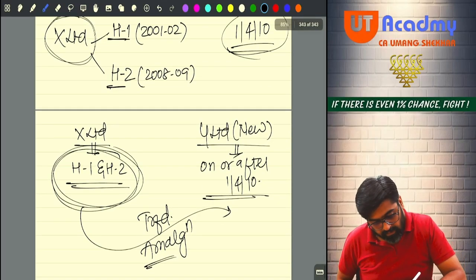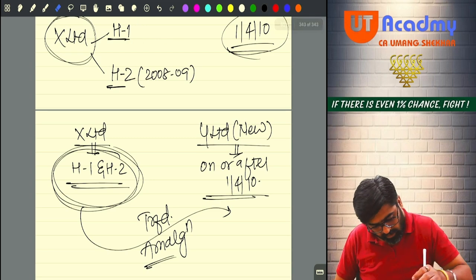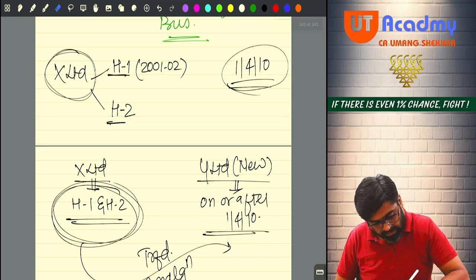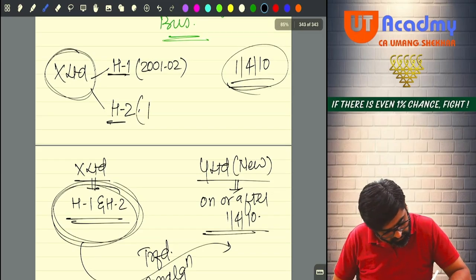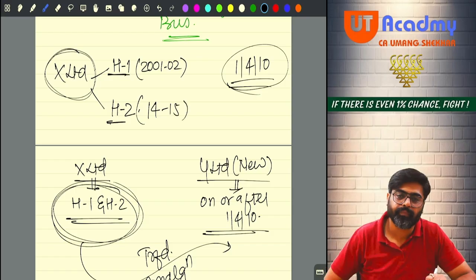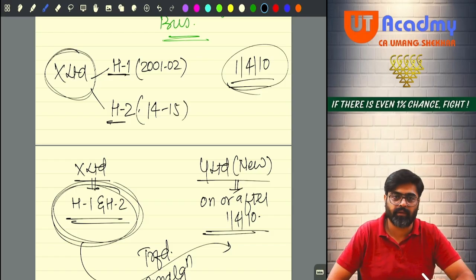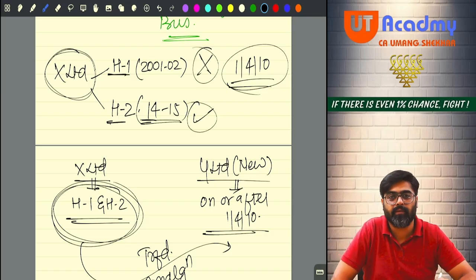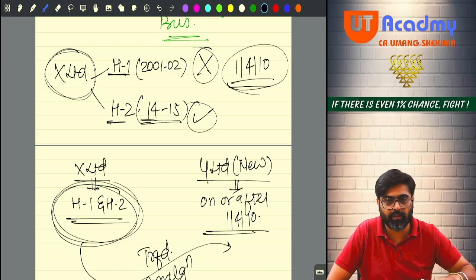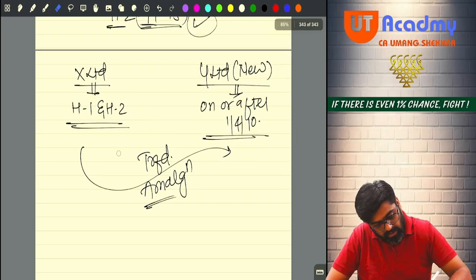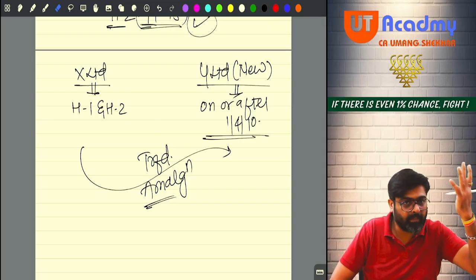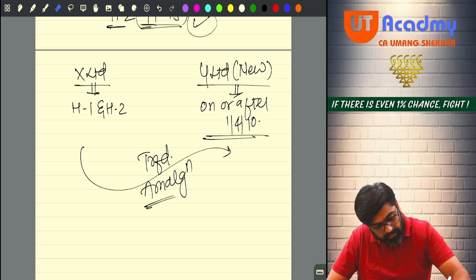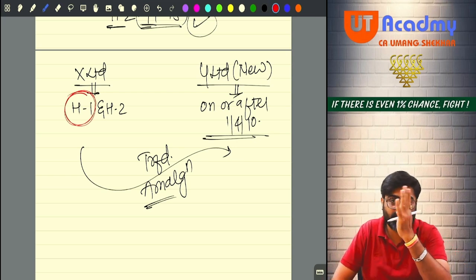Or splitting up can also happen. For example, hotel 1 was started in 2001-2 and hotel 2 was started in 2014-15. So for hotel 2 you were getting 35AD, but for hotel 1 you were not. So what you did, you did not amalgamate X Limited. You formed a new company, Y Limited, for H1, for which you were not getting the 35AD deduction.